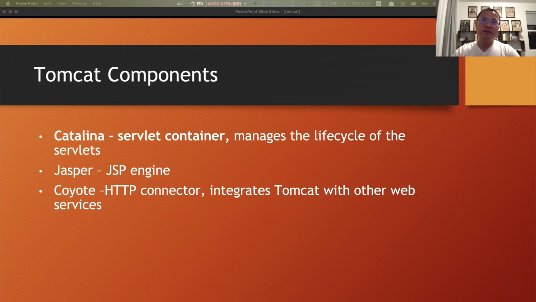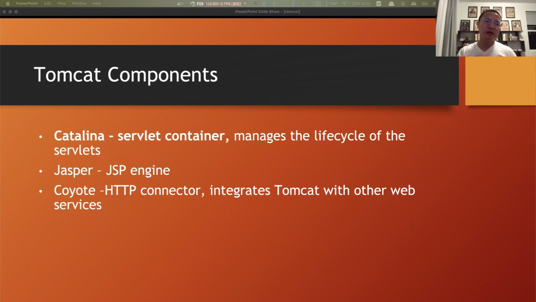And then the servlets can be handled by Catalina. All right. Also, Jasper detects whatever changes to the JSP files at runtime. So once the changes are detected, Jasper is going to recompile the JSP files as servlets, and then send them to Catalina for execution.